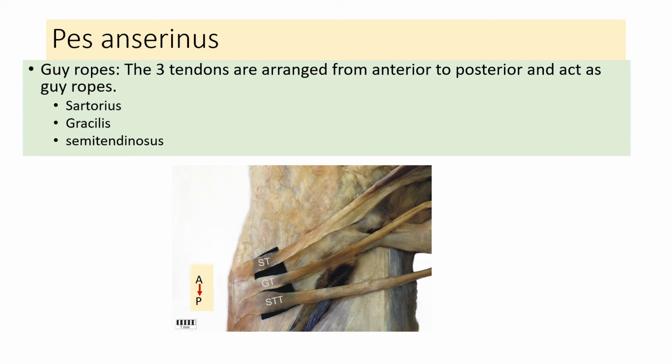In this picture, you can see the attachment of the tendons onto the tibia in an anterior to posterior direction, starting from sartorius, gracilis and semitendinosus, and they are acting like guy ropes. It is the arrangement you are seeing.